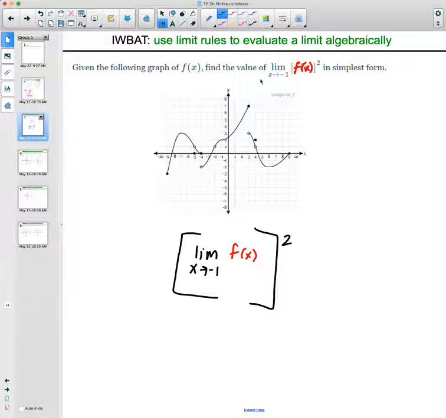So we'll do the limit of f of x as x approaches -1. As x approaches -1, this limit is 2. So we're getting 2 for this whole thing, right? And then we just need to square that, so we end up with 4.